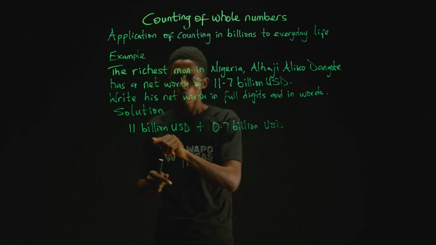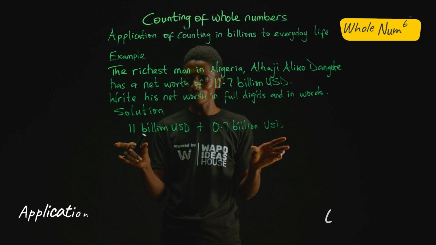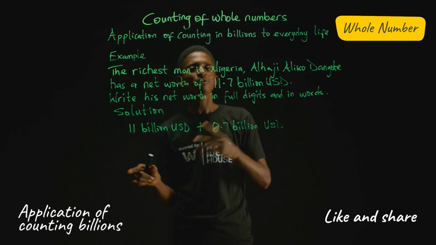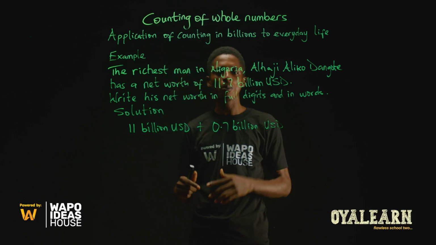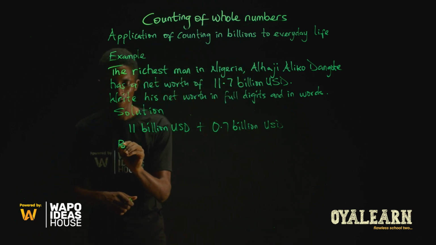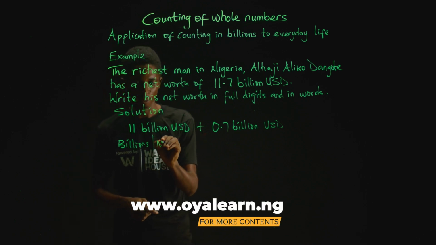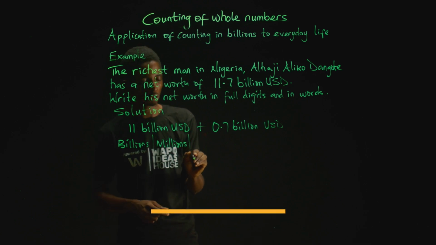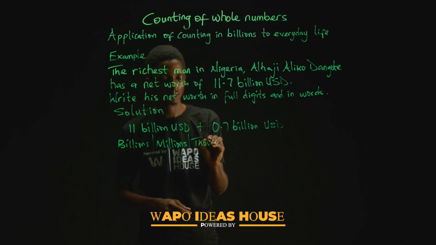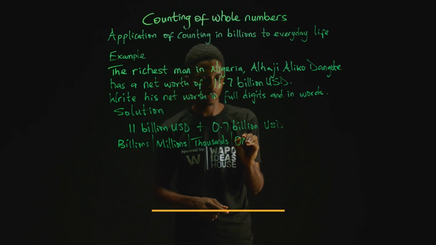Now, we can see we have the billion place value in this statement, but we have to factor the other place values that come after the billion, such as we have from billion to millions to thousands and then ones.